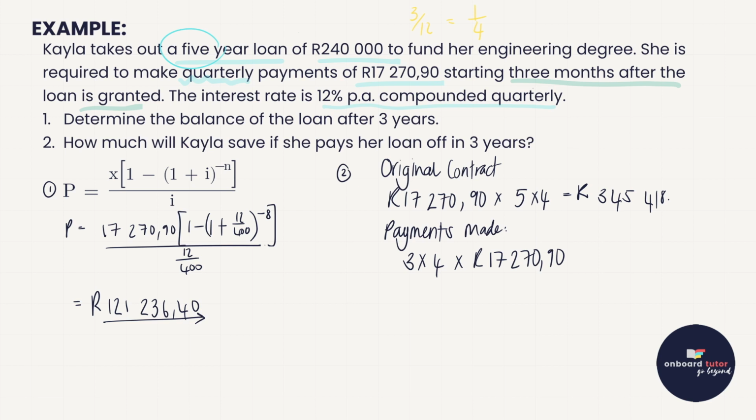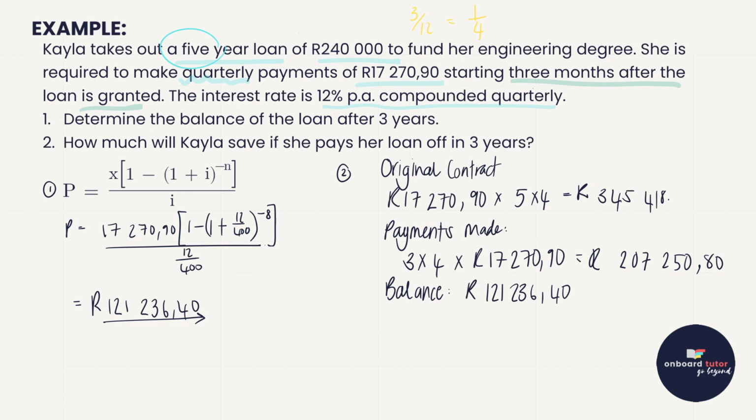And so there we see that Kayla has already paid 207,250 Rand and 80 cents. And then obviously we also need to pay this balance to get rid of the loan. And we saw here that the balance is 121,236 Rand and 40 cents.